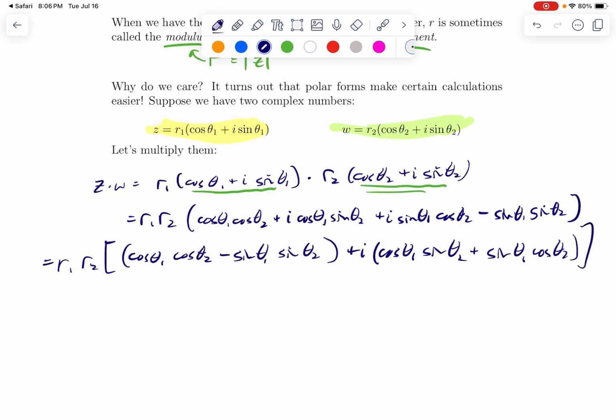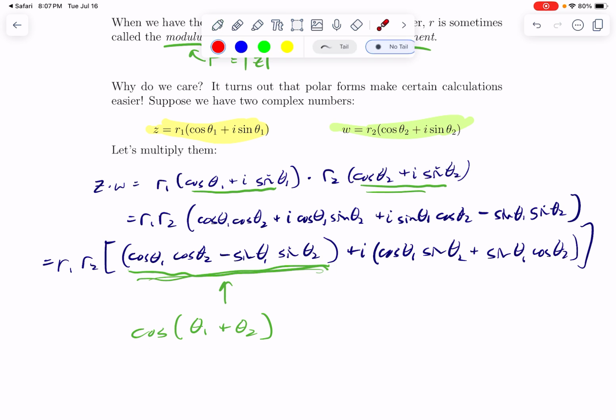Now here is where you may or may not recognize things based upon what you learned in trig or pre-calculus and how much of it you remember. But here's what I will tell you. This formula here, you can look it up if you've never seen this before, is cosine of theta 1 plus theta 2. We have these formulas where if we add or subtract angles, we can predict the cosine or sine of the new angle based upon old stuff.